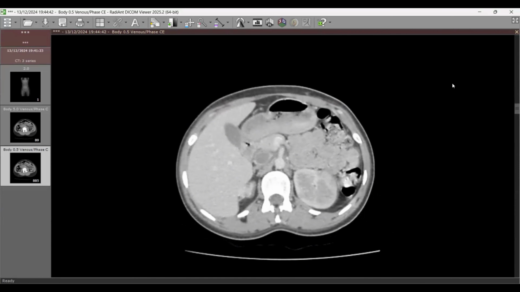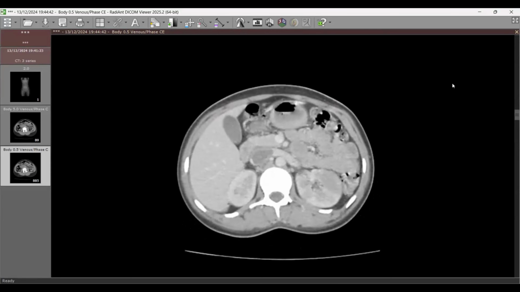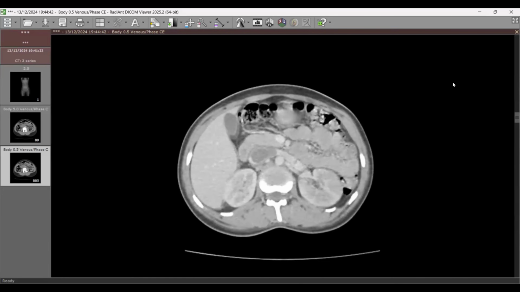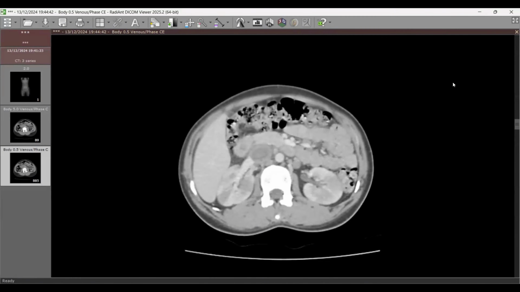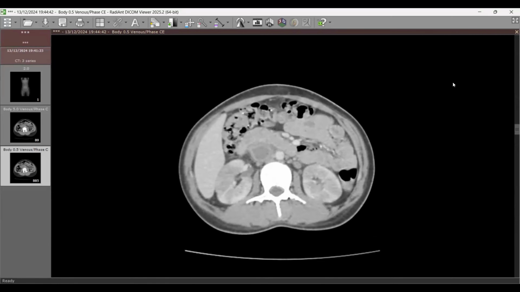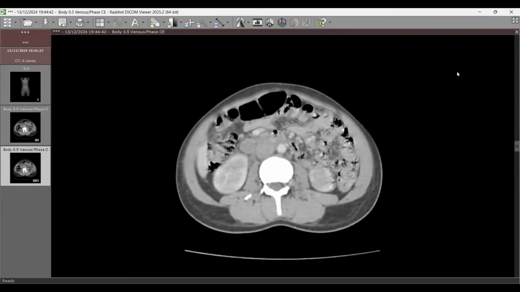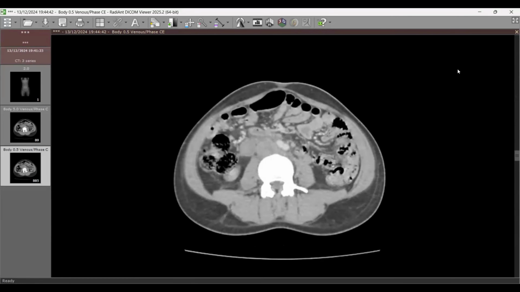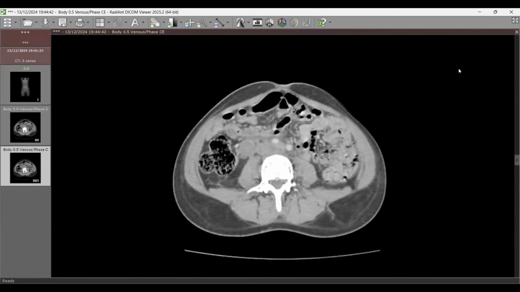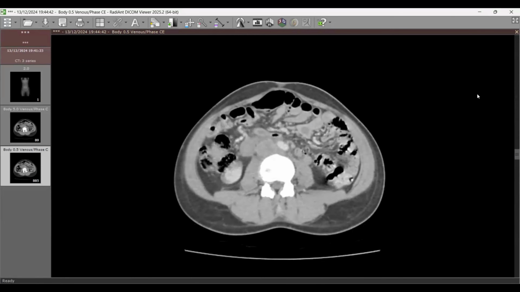I have been presented with the CT abdomen axial section post-contrast sequence. First, I will scroll through the images and then I would like to comment. The most striking abnormality, first of all, I can appreciate that in the IVC there is a large filling defect.